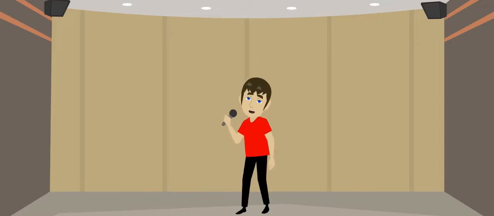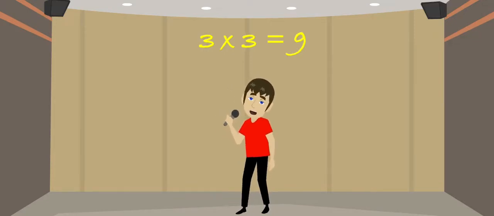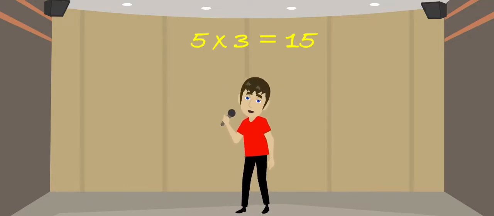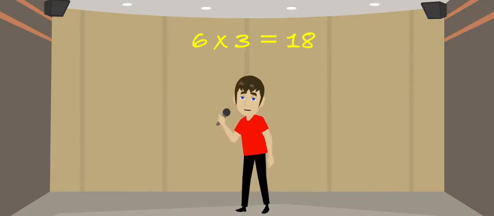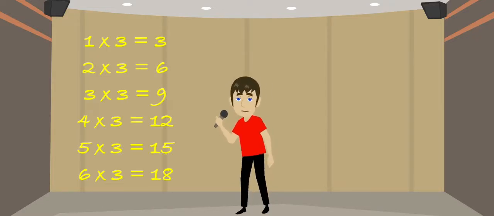1 3 is 3. 2 3s are 6. 3 times 3 is 9. 4 times 3 is 12. 5 3s are 15. And 6 3s are 18. Again, 1 3 is 3. 2 3s are 6. 3 times 3 is 9. 4 times 3 is 12. 5 3s are 15.